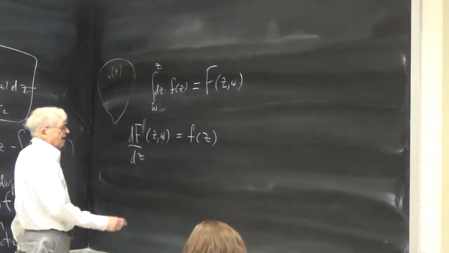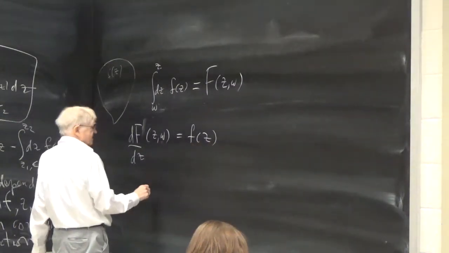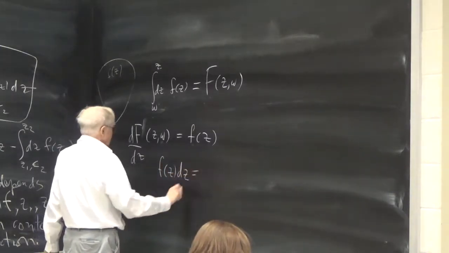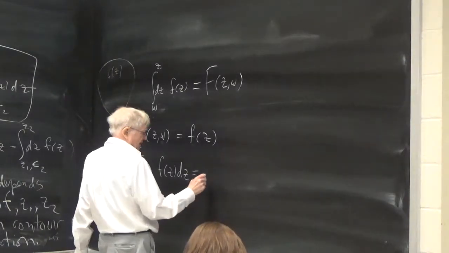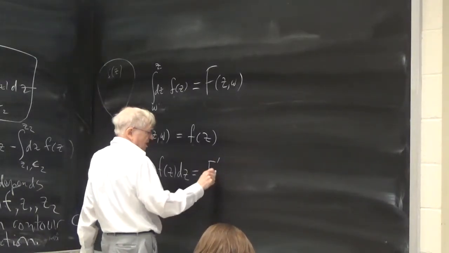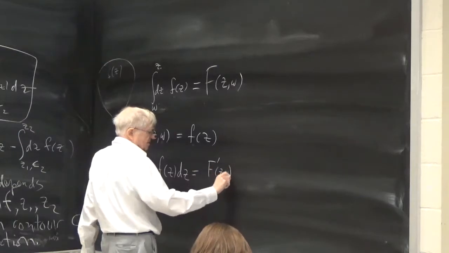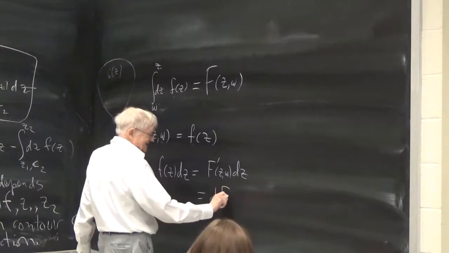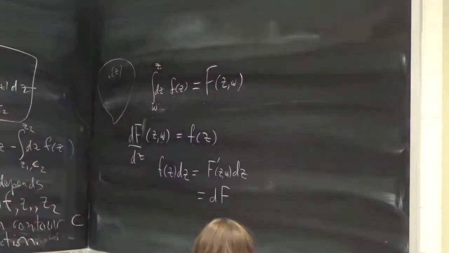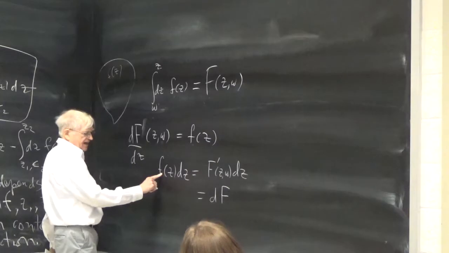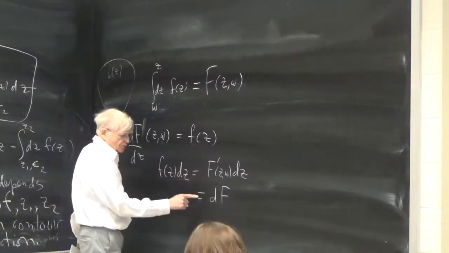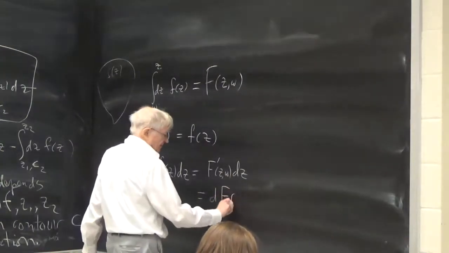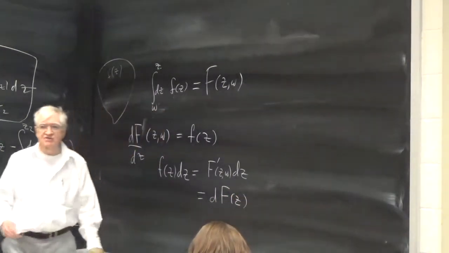So what that means then is that f of z dz is actually F prime of z and w dz, or equivalently dF. So the analytic function times dz is really the differential of another analytic function, which is its integral.